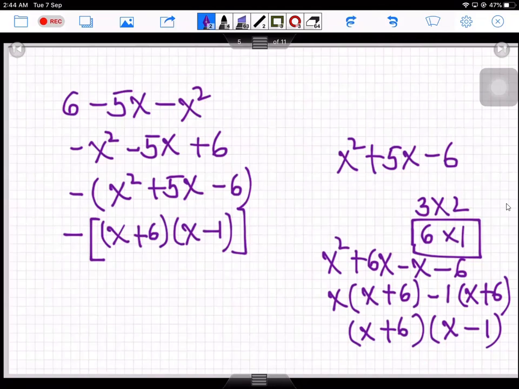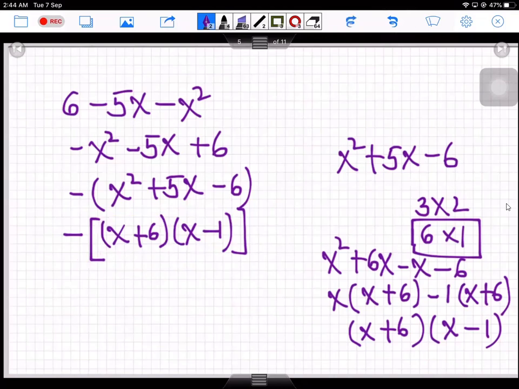Okay, so what you can do over here is you can do two types of steps, and they will give you the same answers. What you can do is just multiply this negative sign with x plus 6 and leave this x minus 1 alone. And the other way is you multiply this negative sign with x minus 1 and leave this x plus 6 alone.